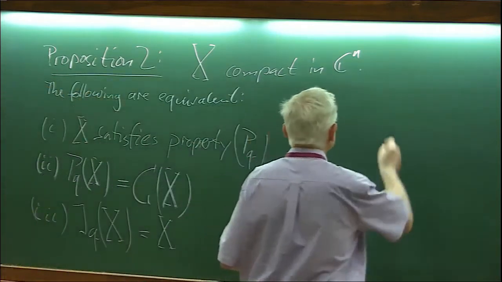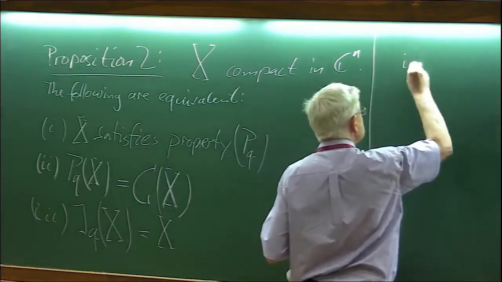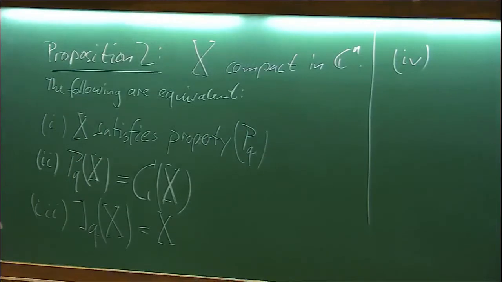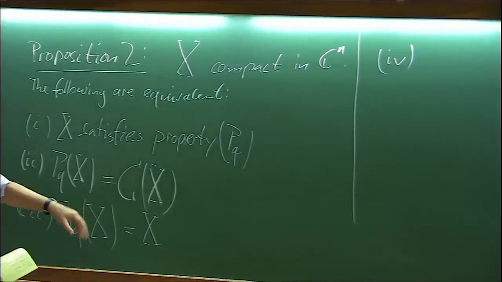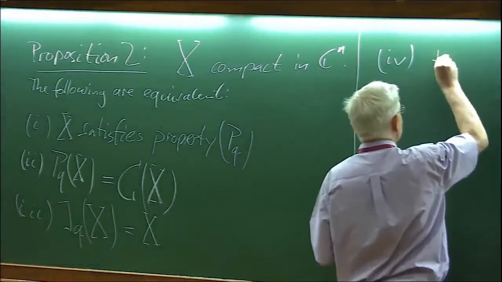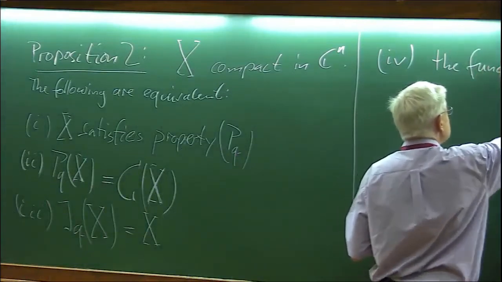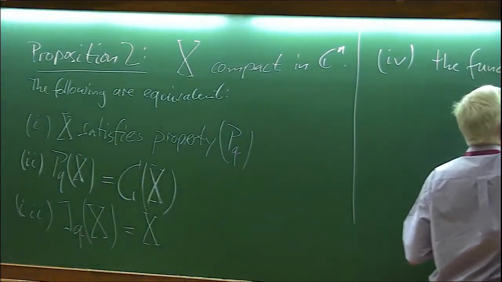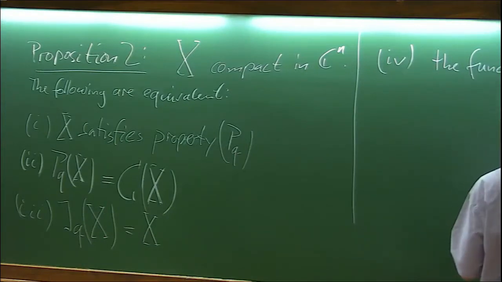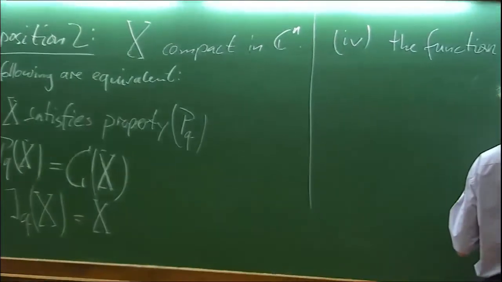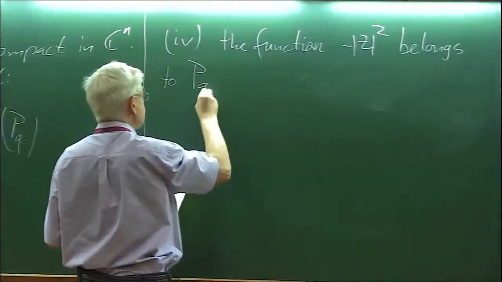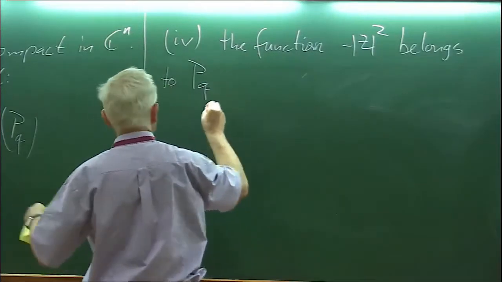And four, it actually suffices to be able to approximate one particular continuous function, namely the function minus mod zeta squared belongs to P sub Q of X.